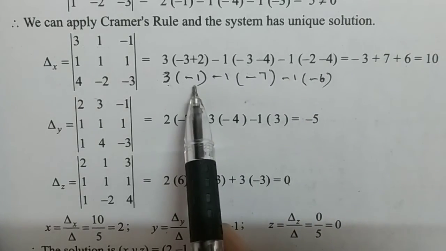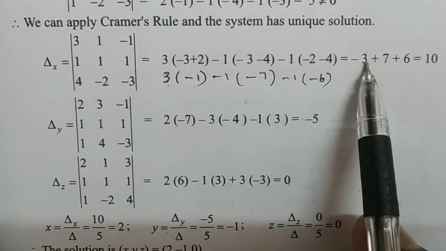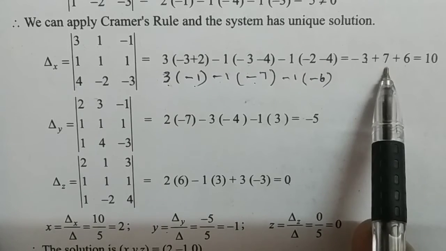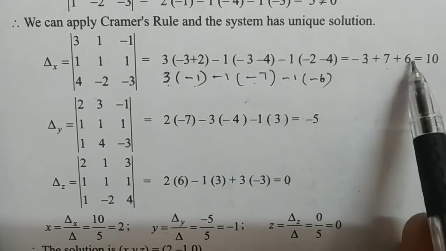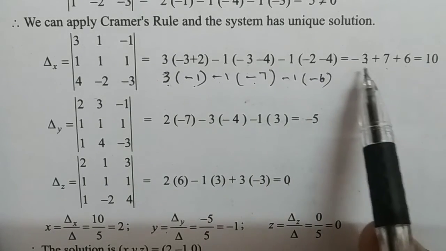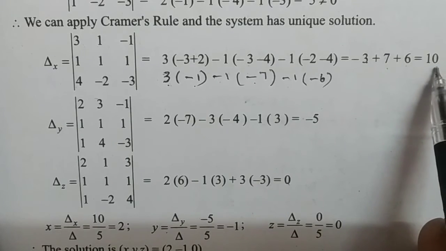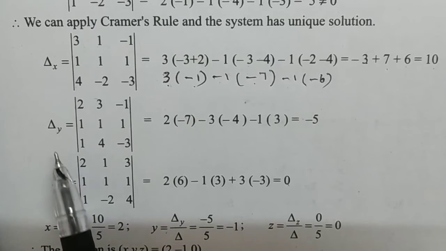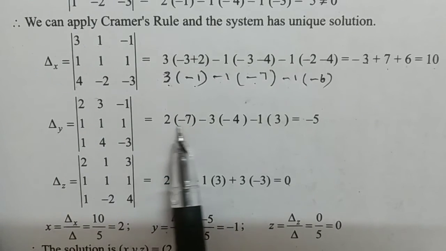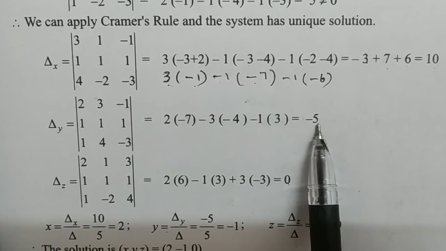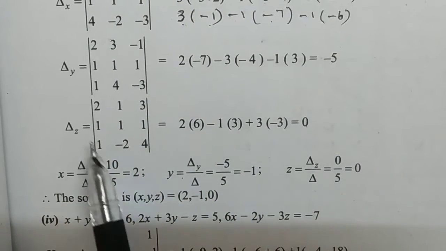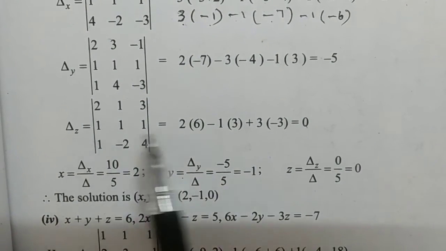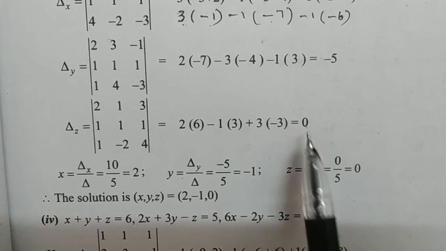So 3 into minus 1 is minus 3, minus 1 into minus 7 is plus 7, minus 1 into minus 6 is plus 6. Simplifying, we get the value for delta. Similarly you can find delta y, which is minus 5, and delta z is 0.